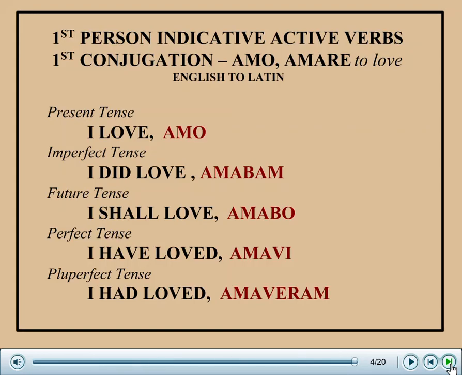Since this is the first set of forms that we'll be learning, let's take a moment and make clear what we'll be doing. In this video, our focus will be on the first person singular forms for indicative active verbs.